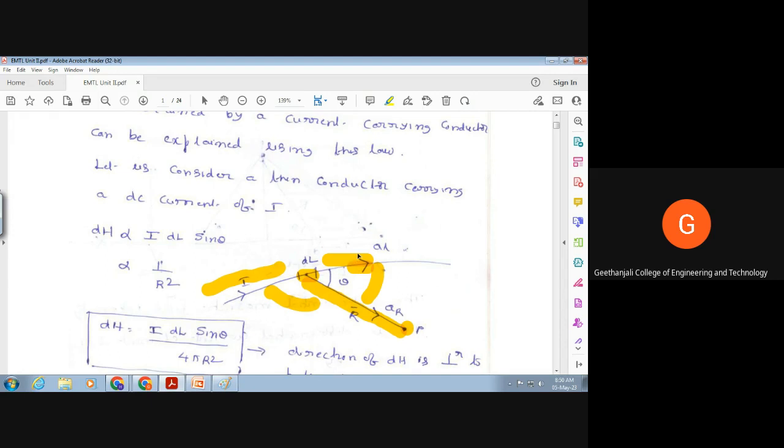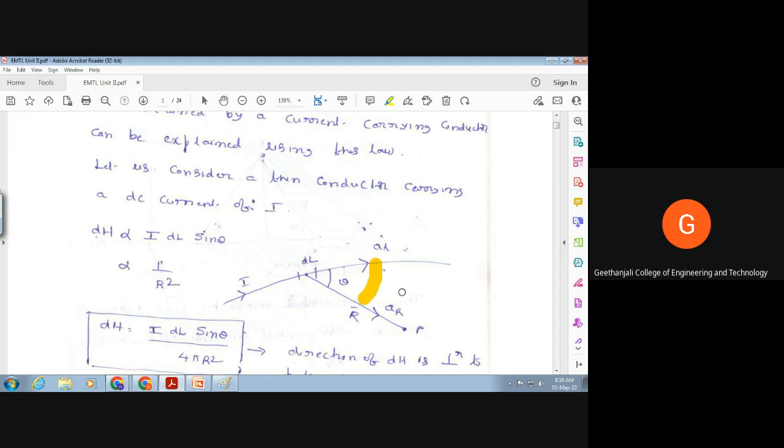The direction of the magnetic field intensity is perpendicular to the plane containing both dl and r. If you imagine a plane surface that contains both dl and r, the direction of the magnetic field intensity is perpendicular to both dl and r. To determine the exact direction, you place a right-handed screw at point P where we are defining the magnetic field intensity. Turn the screw from dl to r.